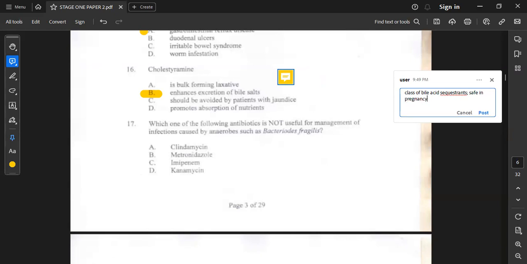Okay, but I think we can also talk about the other hyperlipidemic drugs like statins. Statins basically inhibit the conversion of HMG-CoA to mevalonate.